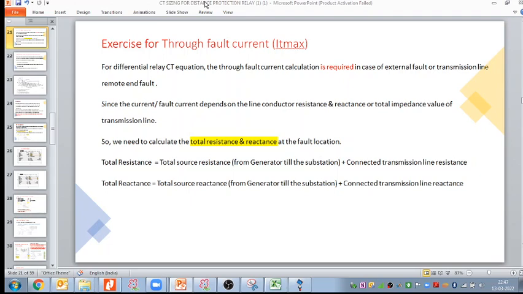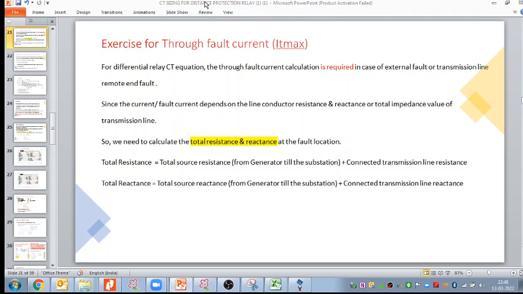Okay, can anyone summarize the session so far, what we discussed? For next weekend, your homework: I could not review the last weekend's homework, which I will review after the CT session. Let me first complete the CT calculations.